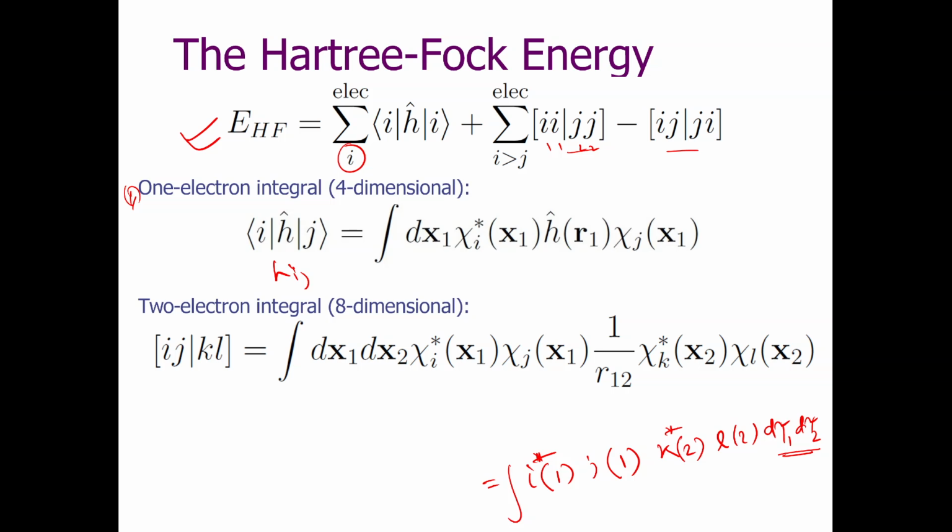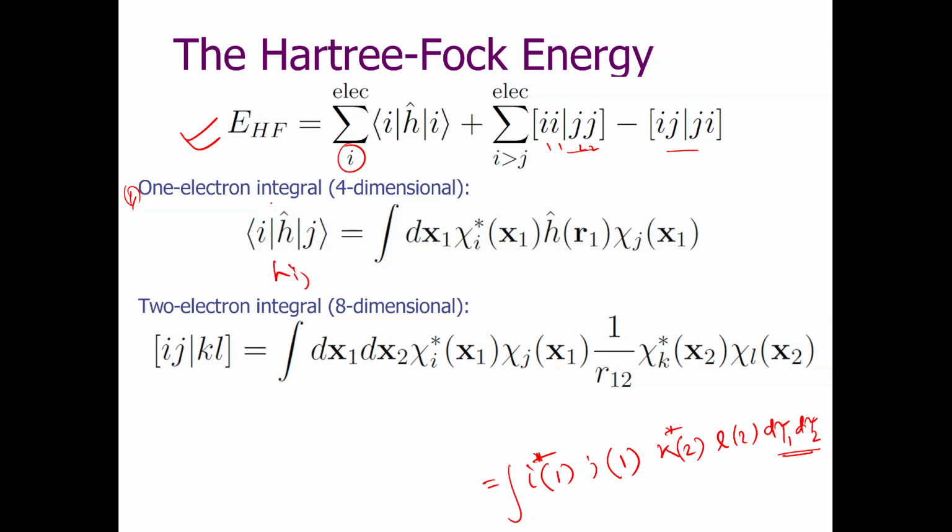There are just two notations available in the literature, but the modern theoretical chemist actually follows the physicist notation, the bracket notation. But in some previous papers they mention this Mulliken notation. There is nothing gained or no benefit about this notation. They are just different ways of representing the same thing.